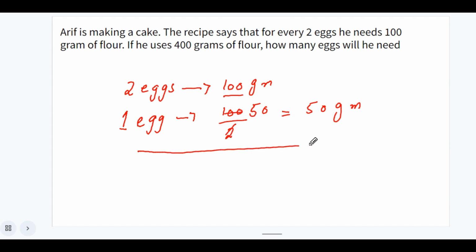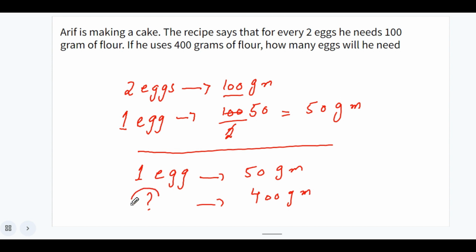So 1 egg needs 50 grams of flour. Now how many eggs need 400 grams of flour? If I write like this, it will be easier for you to understand. 1 egg needs 50 grams of flour, and how many eggs need 400 grams of flour? I told you many times that when you are given the same units, write in this way.